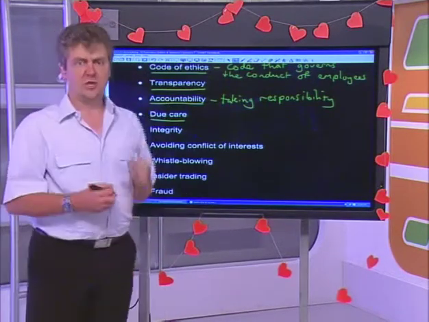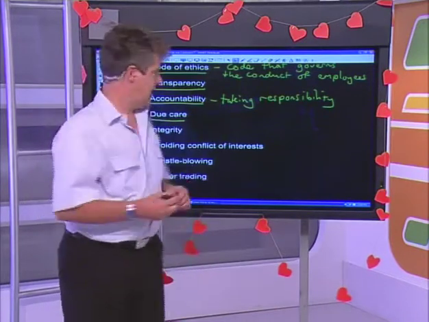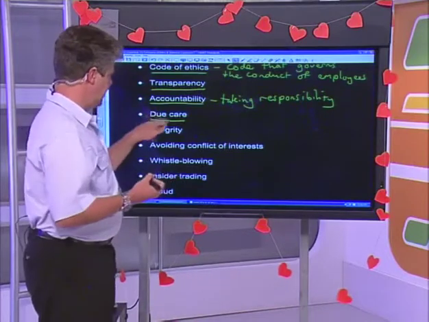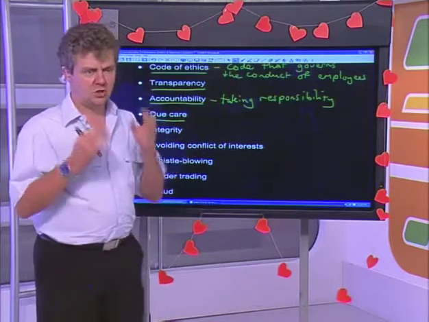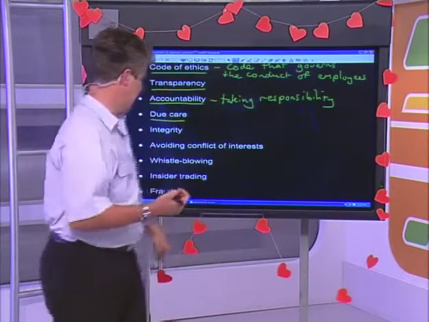For an accountant, due care means checking the books, making sure that the books balance, filling in everything in the best possible way. So due care is just, if you are an accountant, you will make sure that you handle the books according to what you've been taught, according to your ability.